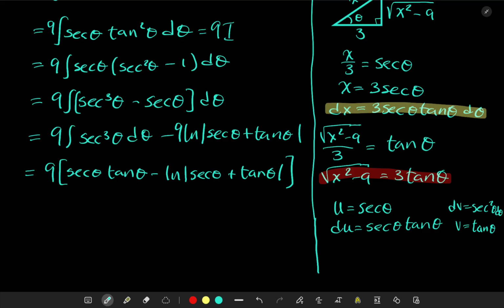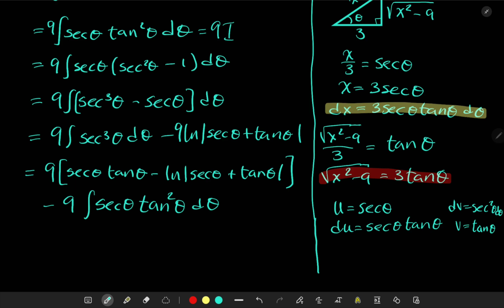So I'm still going to have the minus 9 v du. But notice what v du will be. v du is going to be the integral of secant times tangent d theta. That's going to be your du, but you have another tangent. v is tangent, du has another tangent, so tangent squared.